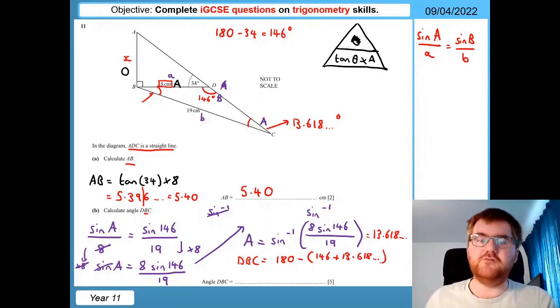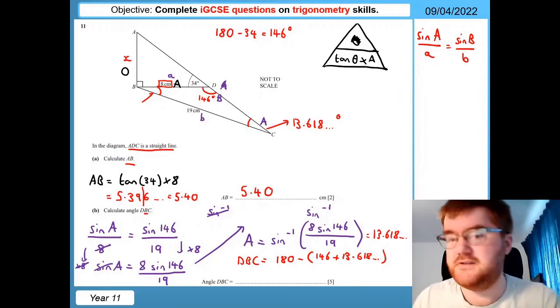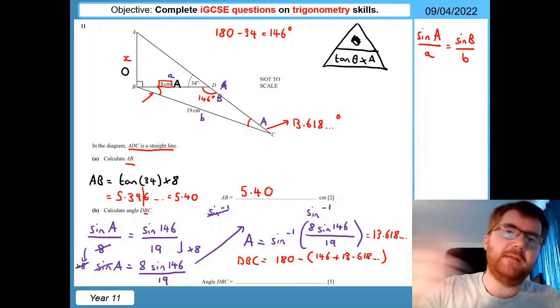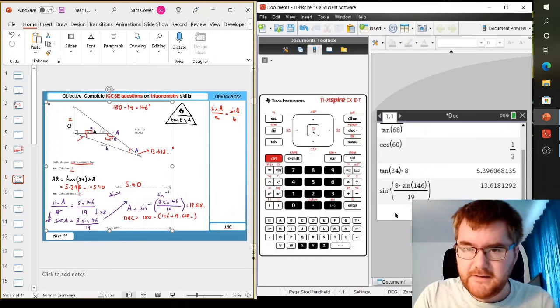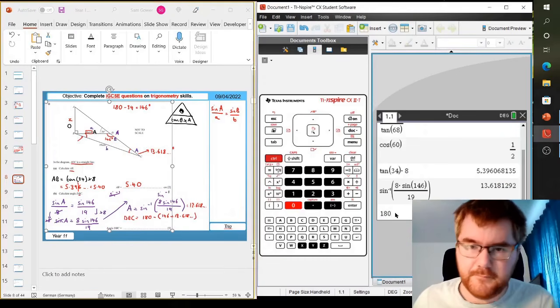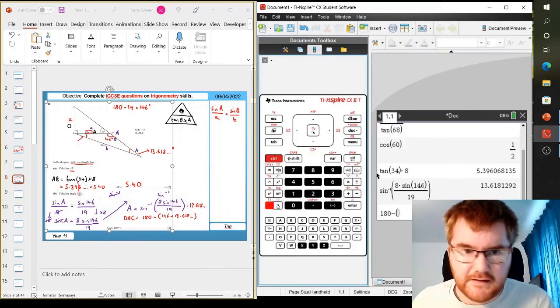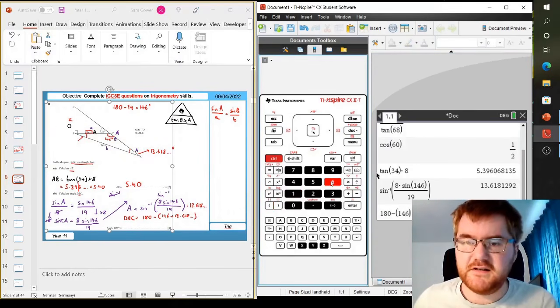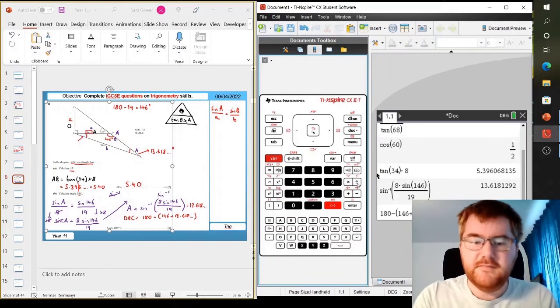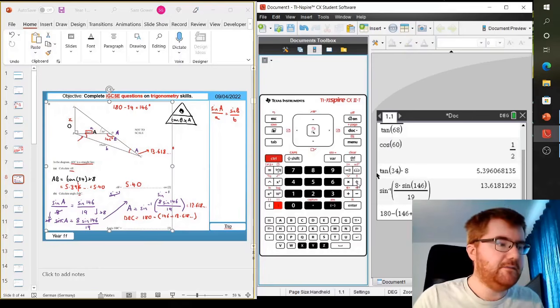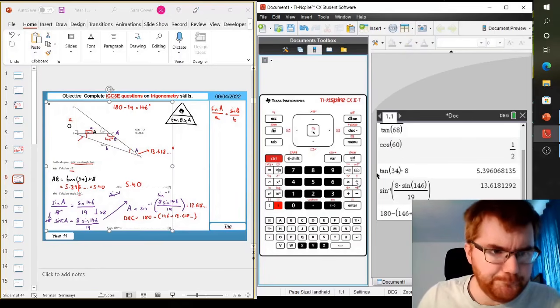Again, trying to avoid those rounding errors by keeping as many decimals in as possible. So let's go back to my calculator. All I'm going to do here is 180 minus, open brackets, 146 plus answer, so control answer. This allows me to get the most accurate answer possible for this particular question.